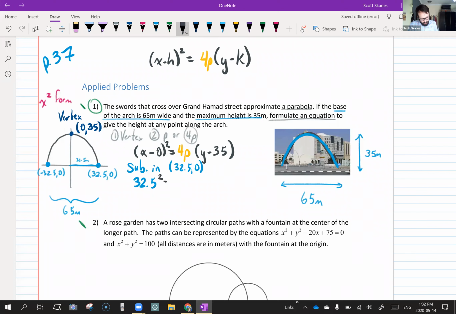Remember, I'm solving for the 4p. And then y minus 35, well, y is 0. So really, I'm putting in 0 minus 35 here.